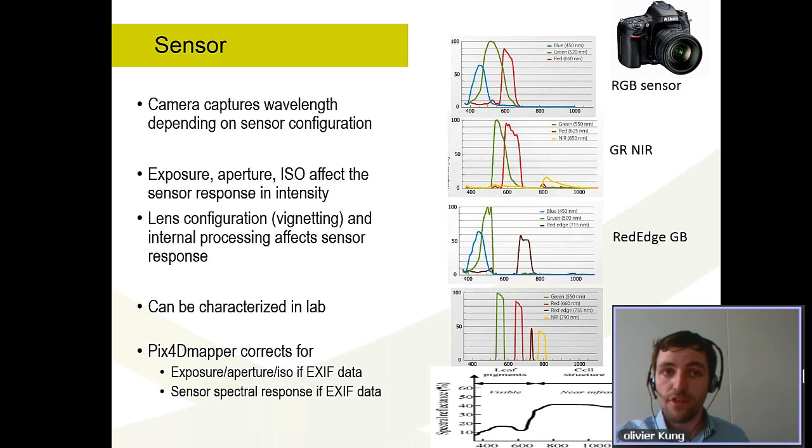This will also affect the values, and this needs to be modeled. This type of modeling, again, can be characterized in a lab environment with specific tools, and this can also be given to Pix4D Mapper to correct for this, let's say, imperfection of the sensor.